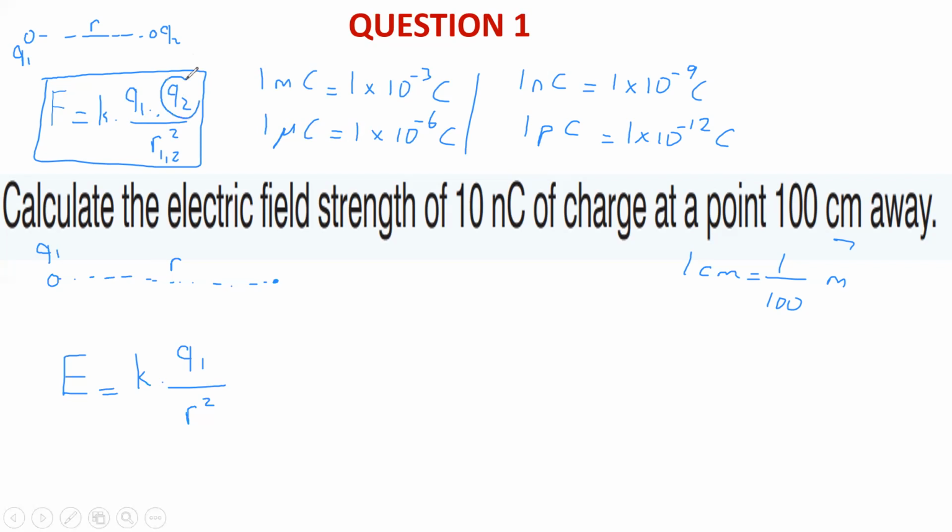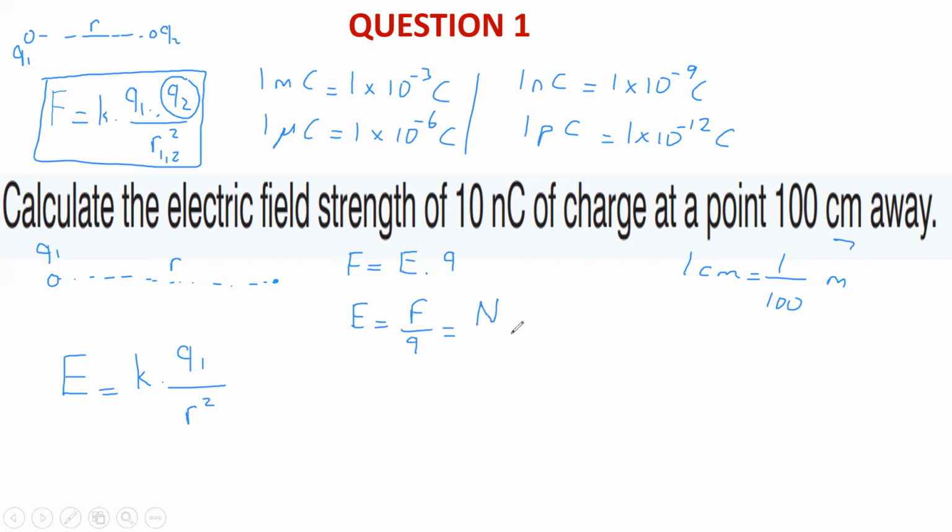So if you want, you can write F equals, if this one all together is E, you can write E times charge. And then we are getting the unit of electric field also from here. So how can we write E from this equation? So E equals F over Q, right? And then what is the unit of force?